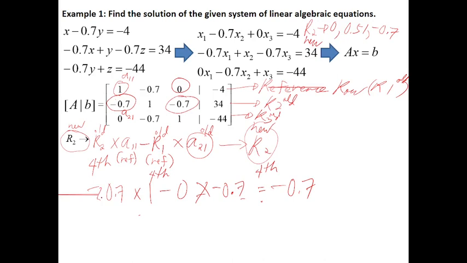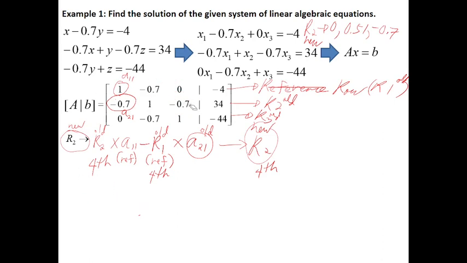Considering the fourth. What is the fourth there? Row 2, fourth element, 34. A11, 1. R1, fourth element, negative 4. A21, negative 0.7.